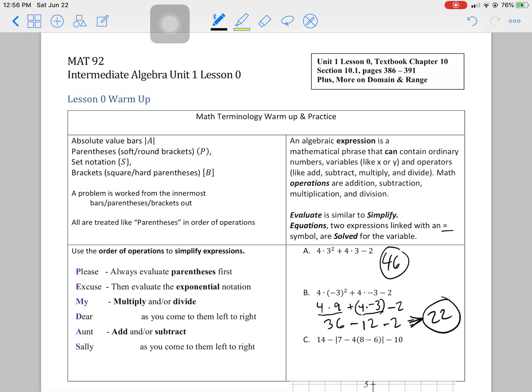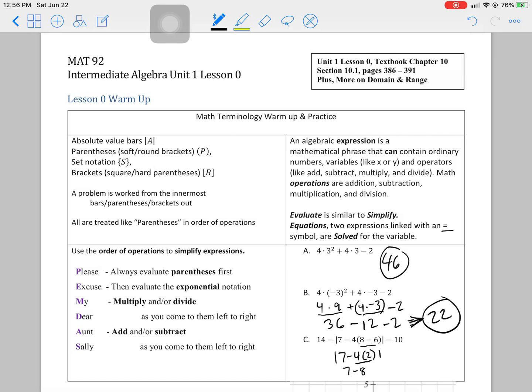All right, so absolute value bars are in there, but then there's our inner parenthesis that you can do right there. That's the first move. So 7 minus 4 times 2. Stay within the parentheses. So in this case, the absolute value bars are next. Multiplication, 7 minus 8. Yes, it makes a difference. You cannot do 7 minus 4 and then multiply by 2.